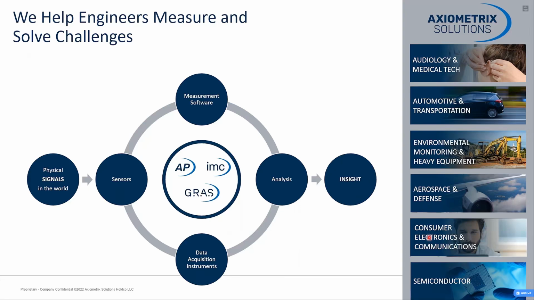On the right side of the screen, you can view a representation of some industries that are served by brands in Axiometric Solutions. So these are ranging from audiology, automotive, and also semiconductors, among others.